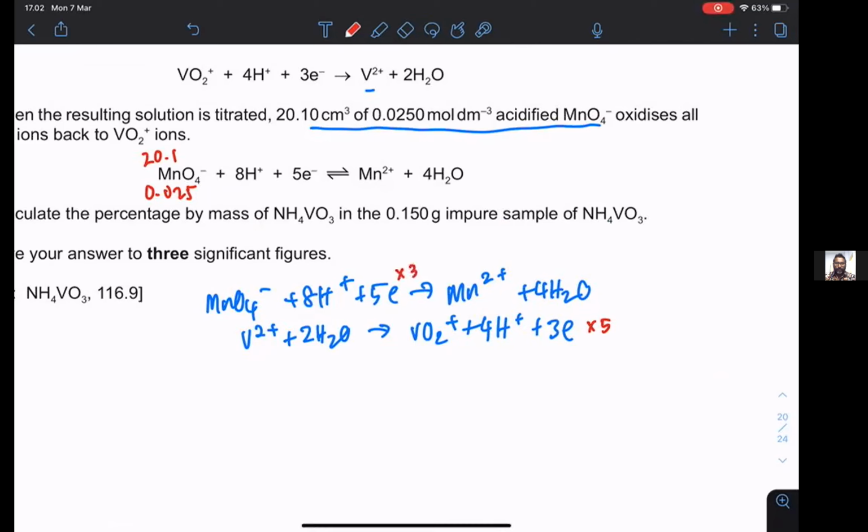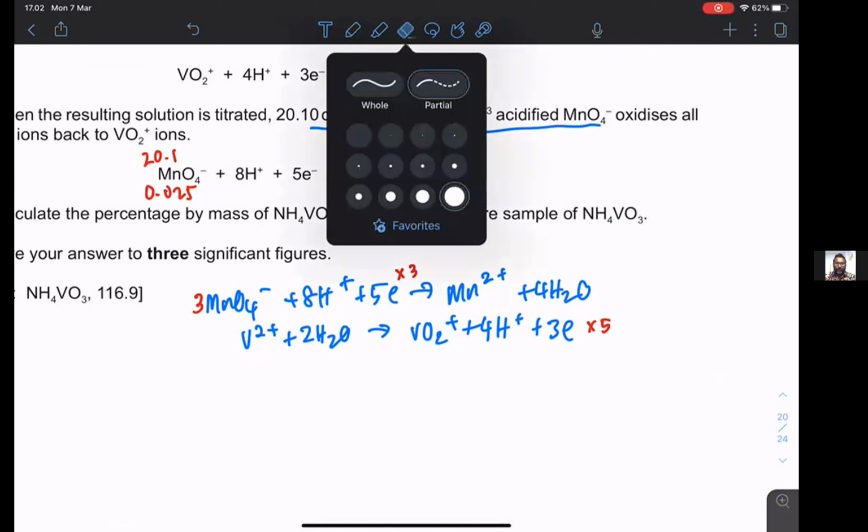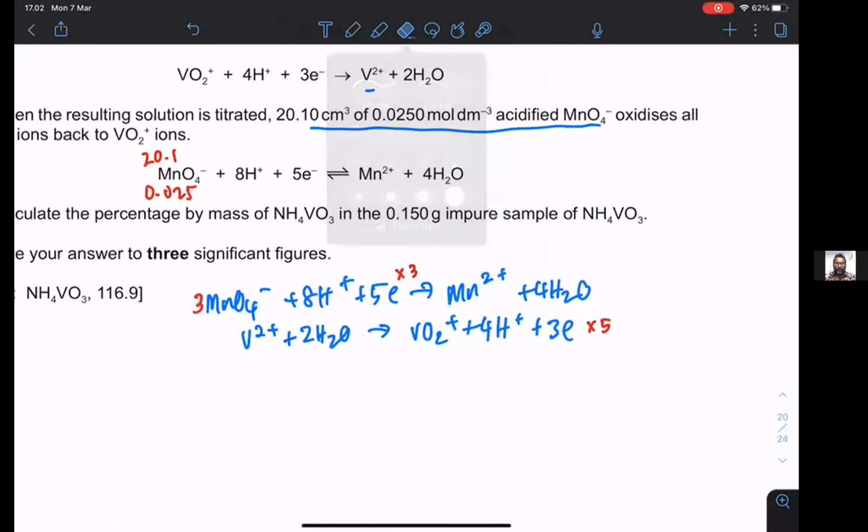So everything, the entire equation, times by 3: 8 times 3 is going to be 24. Then 15, so this one is 3. This is 12.